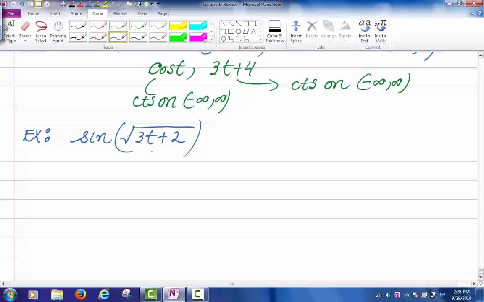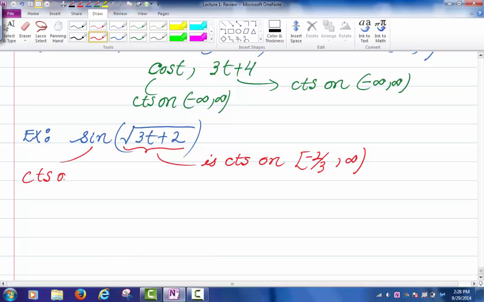And notice that now the inside function is continuous where? Its domain, right, which is negative 2/3 to infinity. That's where it's continuous. The outside function is continuous where? Everywhere.